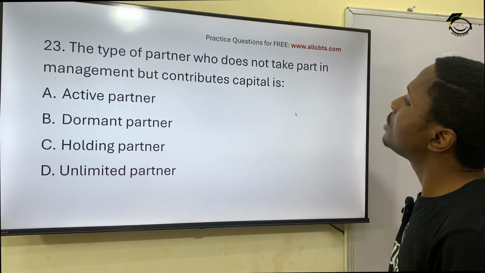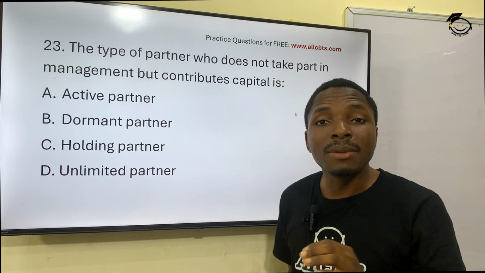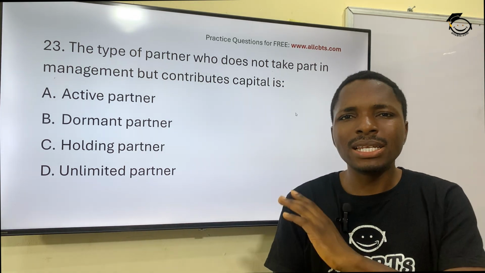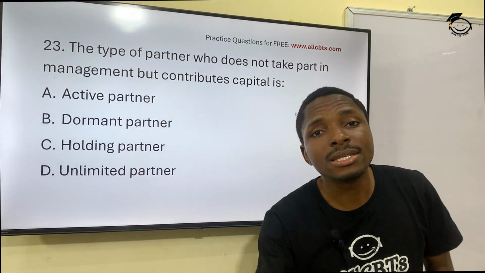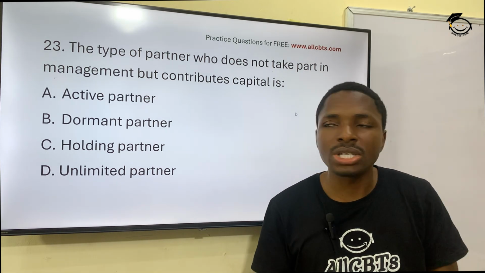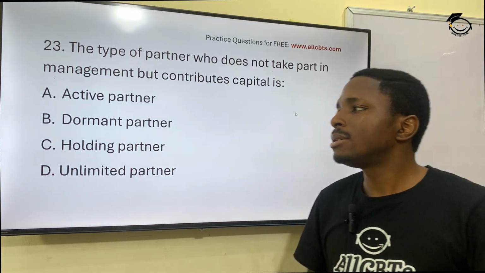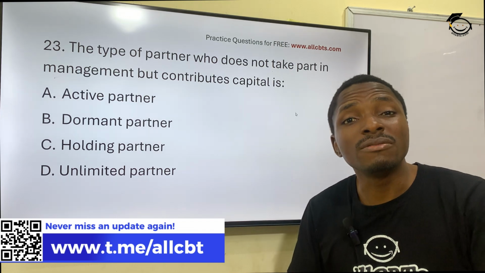So now, the type of partner who does not take part in management. What's management? It's being there to control staff or to manage the business. He is just there putting his money in, financing the business based on percentage or shares. It's called a dormant partner. He is not there actively. He doesn't come to the office.